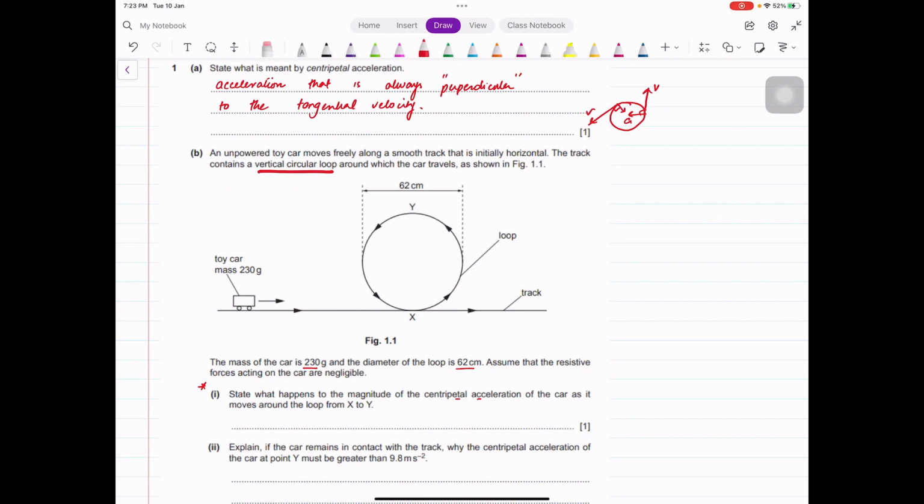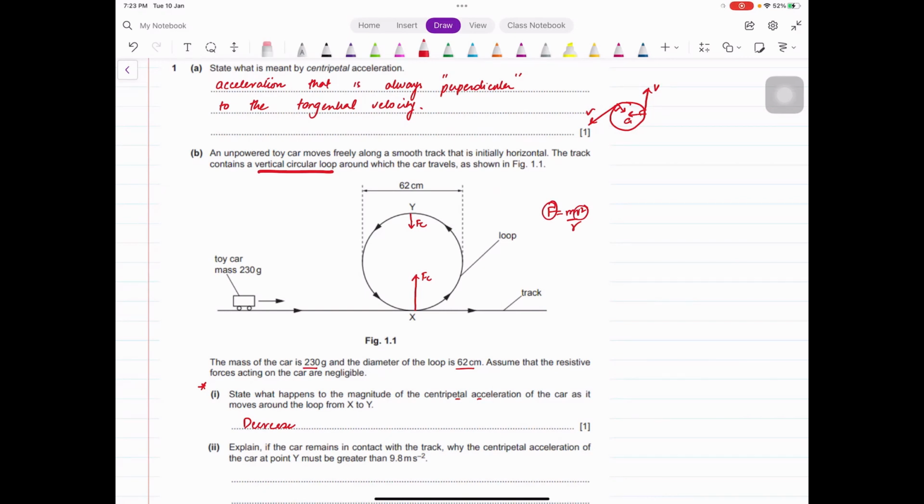So the magnitude will decrease. The highest centripetal force will be here and the lowest will be here, because the speed is reducing, and since F is equal to mv squared over r, as v reduces, F is going to reduce. Understood?